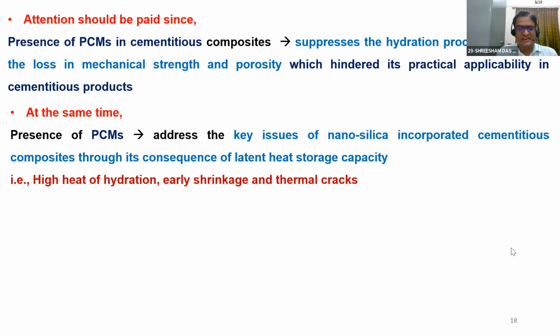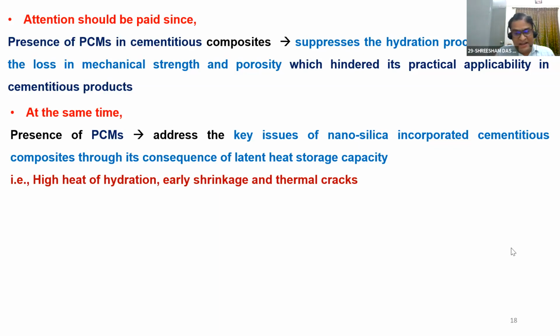Nanoparticles normally give a high heat of hydration, shrinkage and associated thermal cracks, but a PCM based material is just the reverse: hydration is slow, meaning low heat of hydration. It's just opposite, and it minimizes shrinkage and thermal cracks.